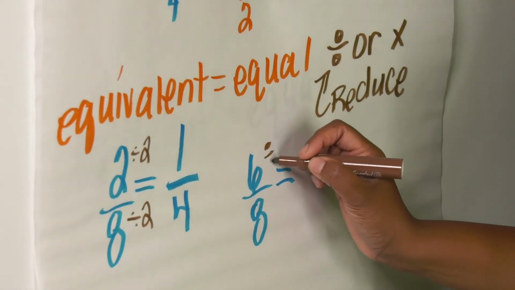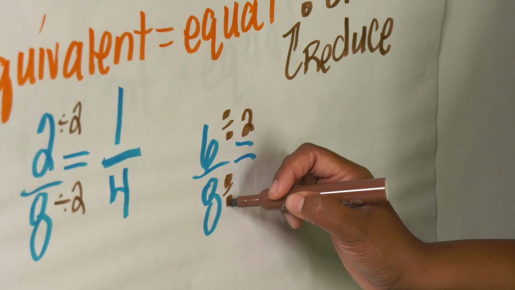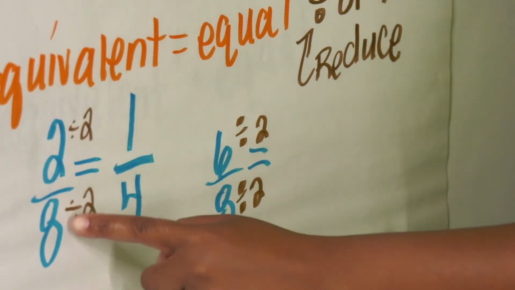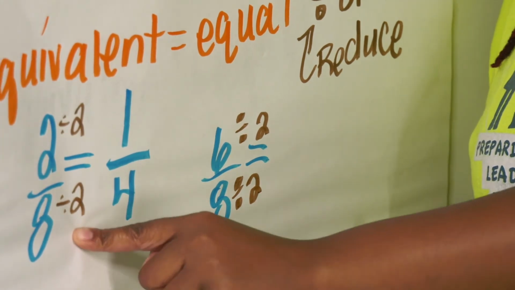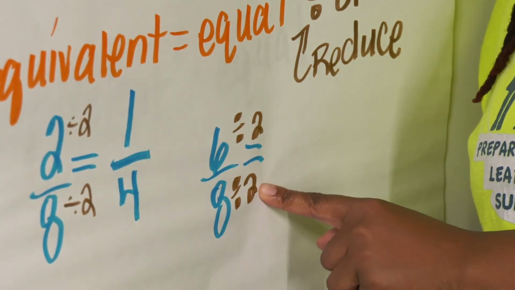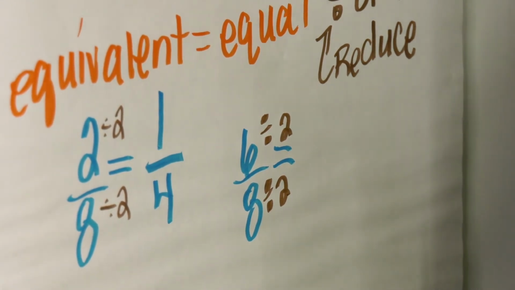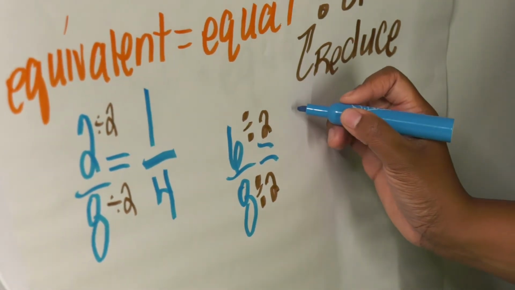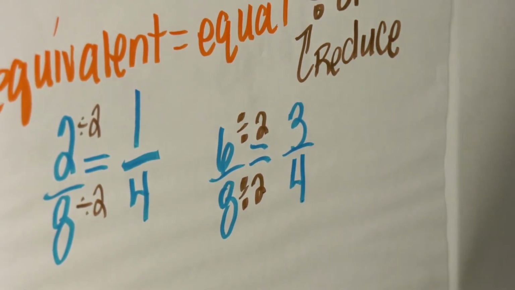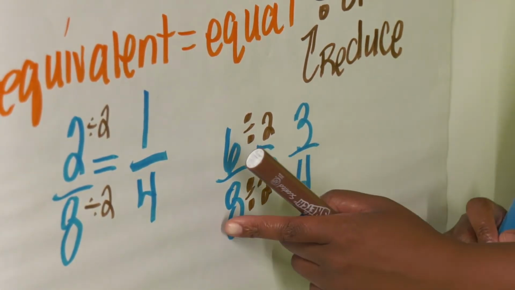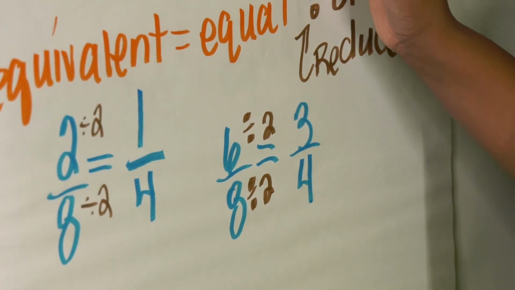If I take 6 and divide it by 2, I'm going to do the same thing down here because you have to multiply or divide by 1 whole. And you all saw here 2 over 2, that's a whole. 6 divided by 2 equals 3. And 8 divided by 2 equals 4. So 6/8 is also equivalent to 3/4.